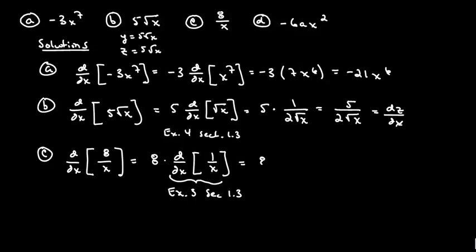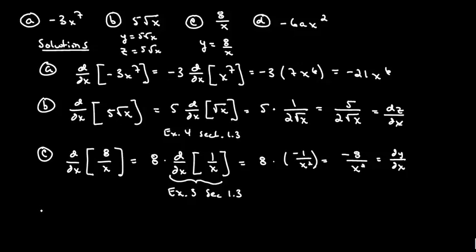So we know that this is 8 times negative 1 over x squared. So that gives us negative 8 over x squared. And of course that would be dy dx if we said that y was equal to 8 over x.